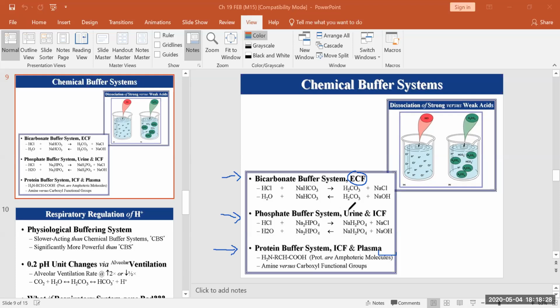The phosphate system is used in your urine and intracellular fluid, inside your cells. And the protein buffer system is in intracellular fluid and blood plasma.